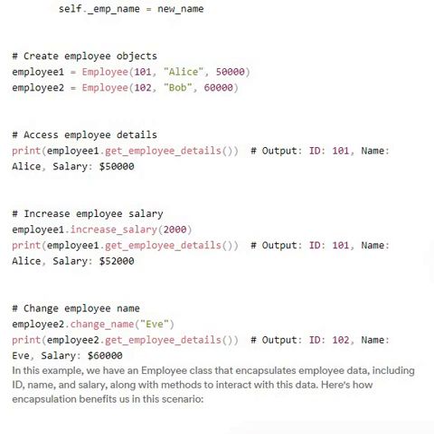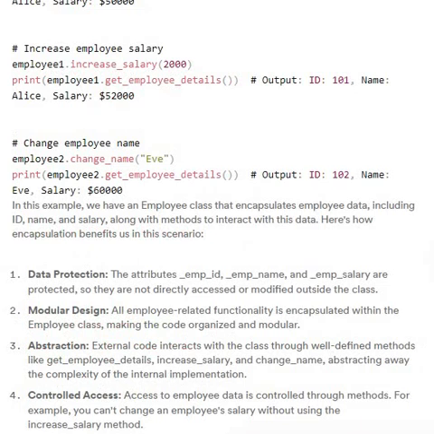So we have an Employee class which encapsulates employee data including ID, name and salary along with the methods. Here the attributes are protected. They are not directly accessed or modified outside the class. The code is organized.